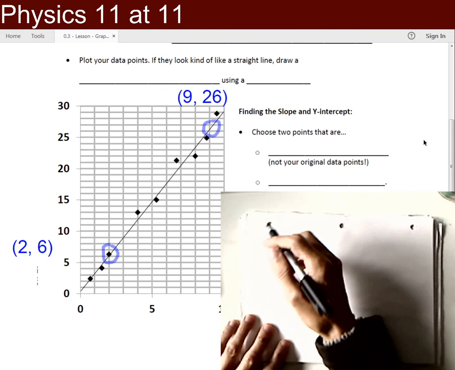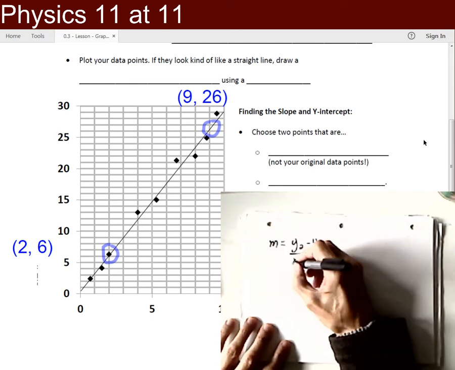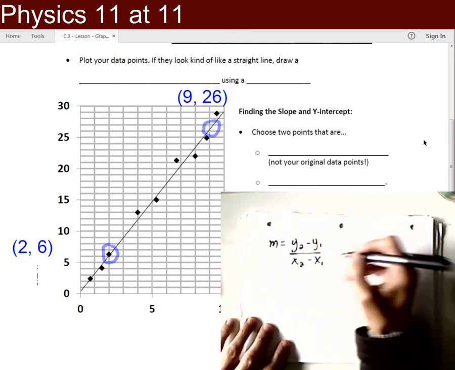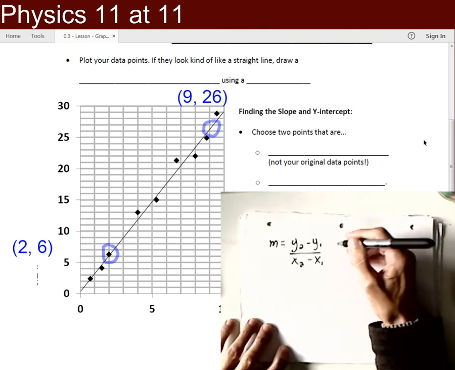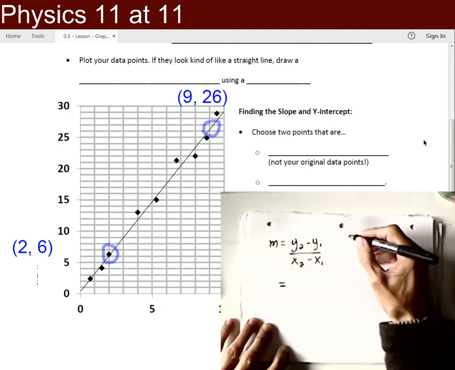So that's going to go back in time to like grade 10. Formulas like this: y2 minus y1, these are the y coordinates, over x2 minus x1. And you use the 2 points that you selected, and those are the ones that I got there. So substituting them in. Oh, I guess I could show you this.